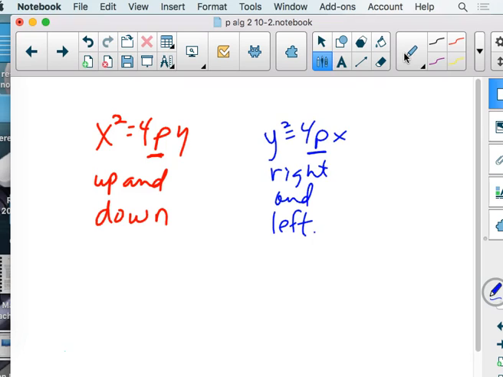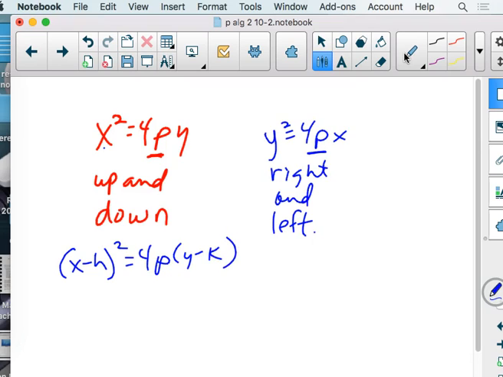But that's as far as we got yesterday. Today what we're doing is we're saying, okay, these were all given vertices at the origin, 0, 0. What if it's not 0, 0 anymore? And in fact, we already know what's going to happen. An h is going to have to be attached to the x, and a k is going to have to be attached to the y.